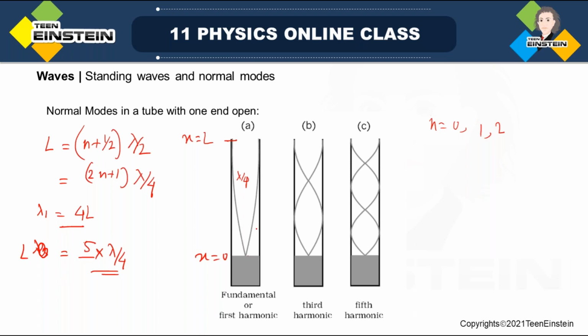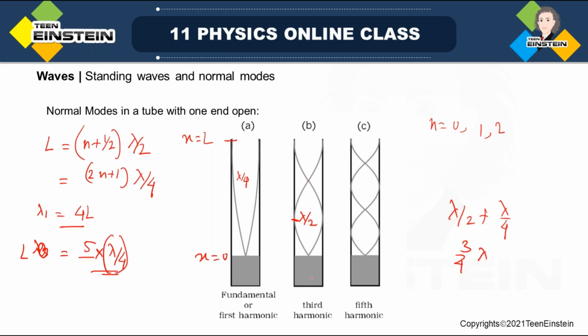In this case, you see there will be a fifth quarter. This is 1/4 up to here, then another up to here. This is the whole lambda by 2, and this is lambda by 2 plus lambda by 4, which gives you 3 by 4 into lambda.